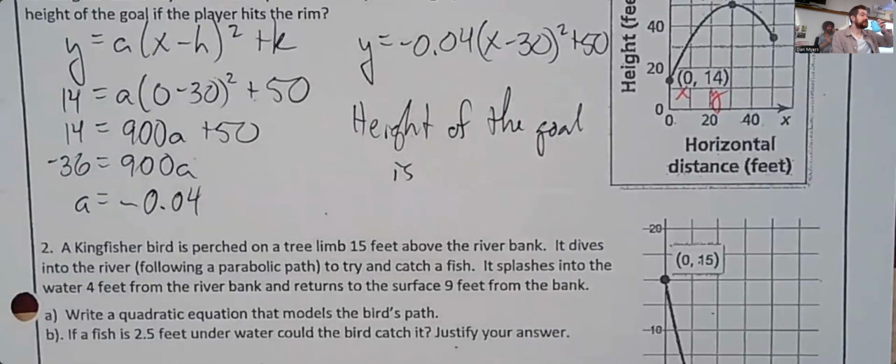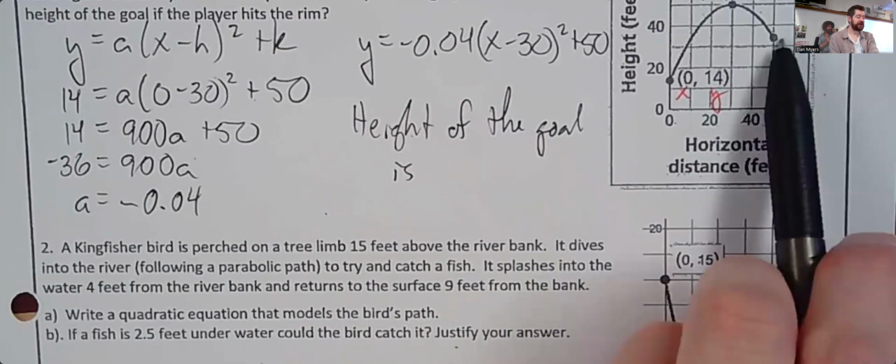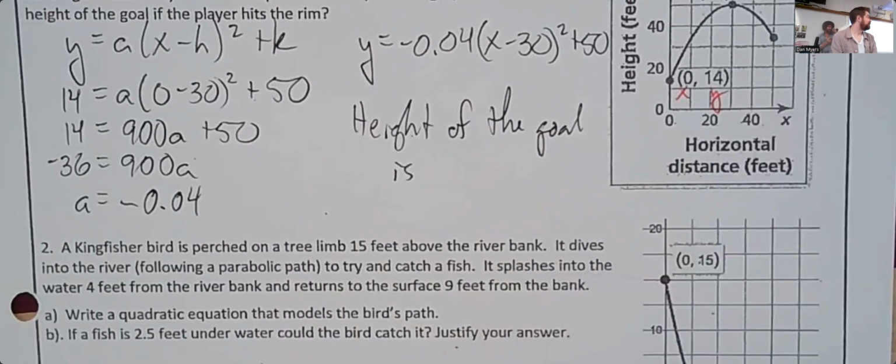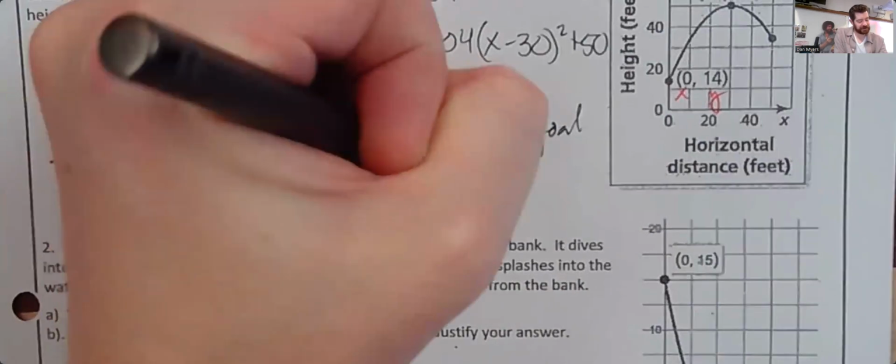Who's got it? It's this point right here, by the way. We know the X value. What's the Y value? 34. There you go. Height of the goal is 34 feet. Nice.